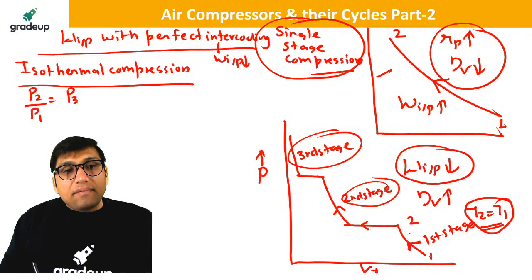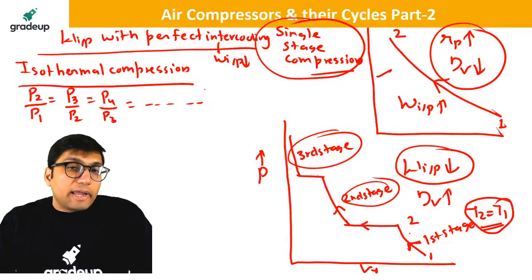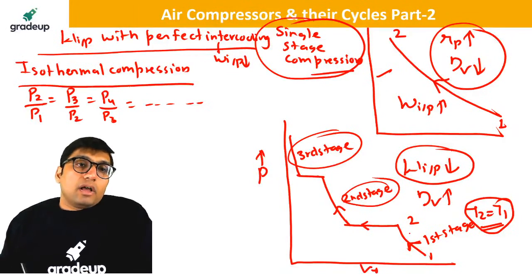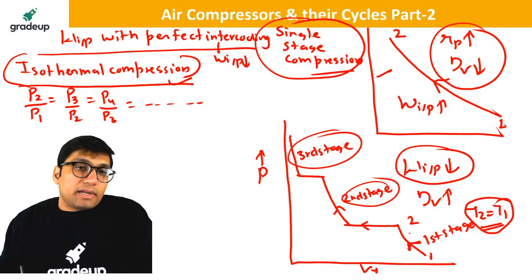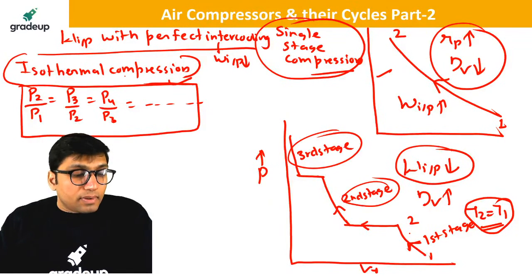That is P2 by P1 will become P3 by P2 and P3 by P2 will become P4 by P3 and so on. So with perfect intercooling, the compression will become isothermal compression and the pressure ratio in each stage will become equal. That is the advantage of perfect intercooling.